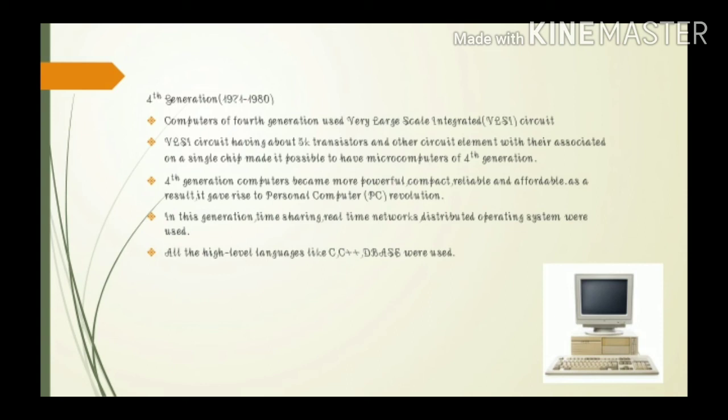As a result, it gave rise to the personal computer revolution. In this generation, time sharing, real-time networks and distributed operating systems were used. All the high-level languages like C, C++ and dBase were used.